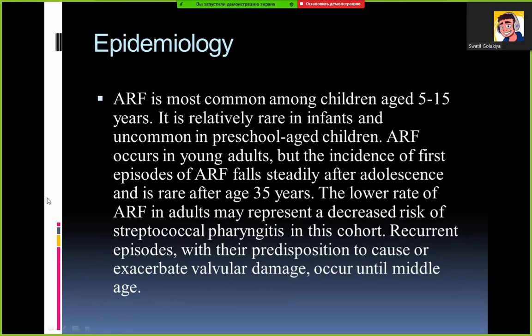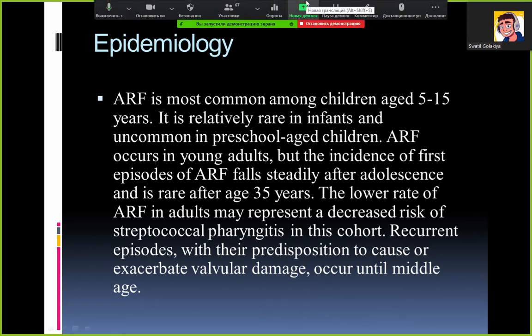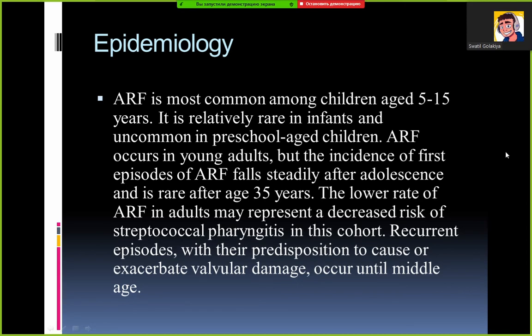Epidemiology of acute rheumatic fever. Acute rheumatic fever is most common among children aged from 5 to 15 years. It is relatively rare in infants and uncommon in preschool-aged children. Acute rheumatic fever occurs in young adults, but the incidence of the first episode falls steadily after adolescence and is rare after age 35 years.